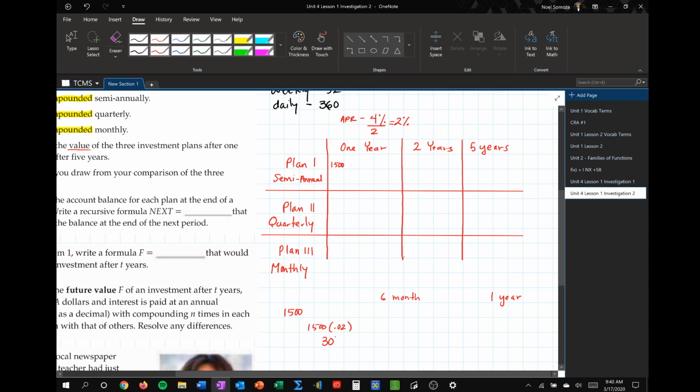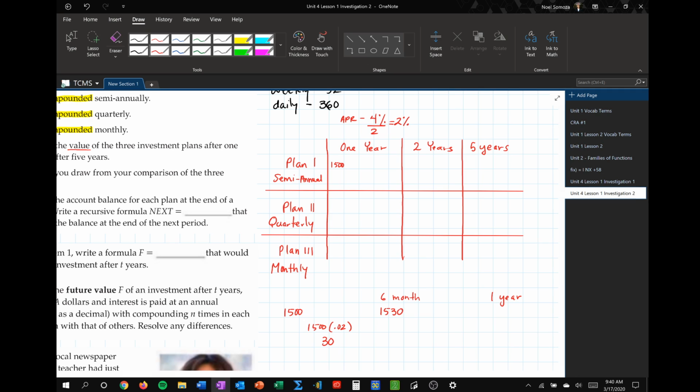So after 6 months, I have a payment of $30 in my account. And then it's done one more time, because since it's semi-annually, it's done at half of the year and again at the full year.